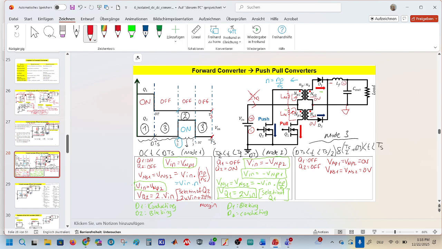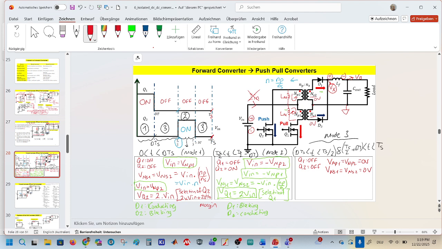But the output inductance, let's say this point is defined as V_x, and this point is the output voltage. And the energy that is stored on this inductance should be discharged. But how?